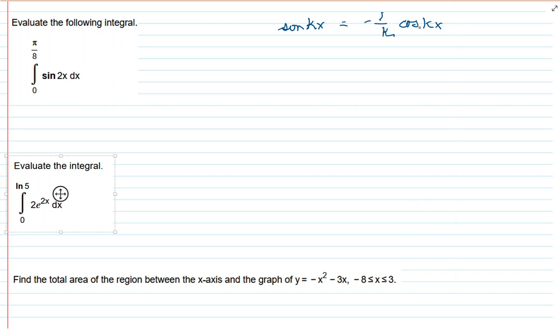Because it's negative, remember, we started with something like this to get this. So I'm going to do negative, and it's 1 over 2, because that's the coefficient of x, cosine of 2x for the values 0 and pi eighths.